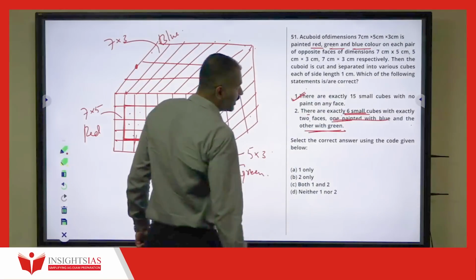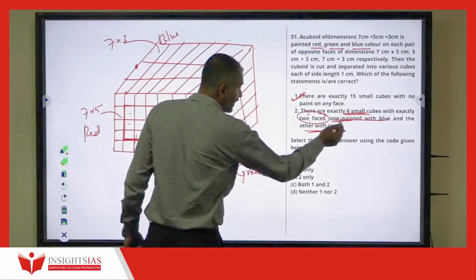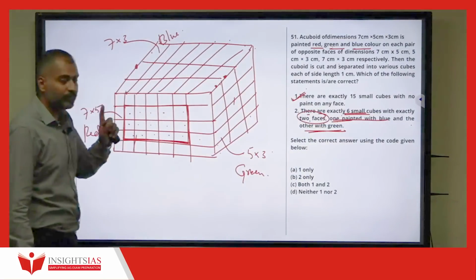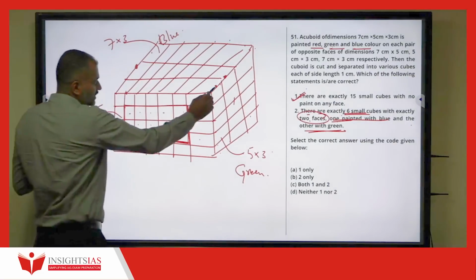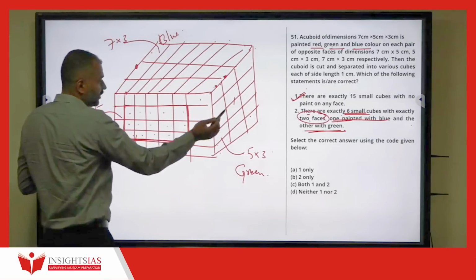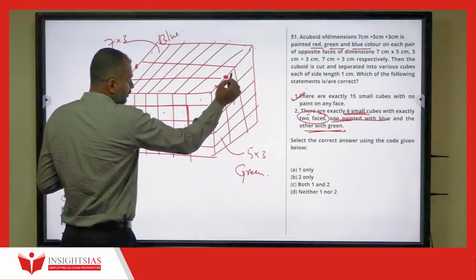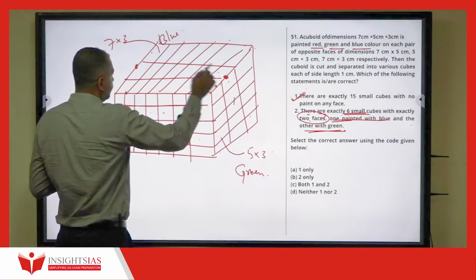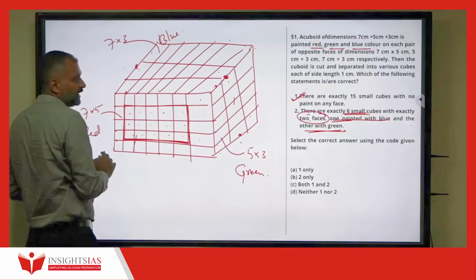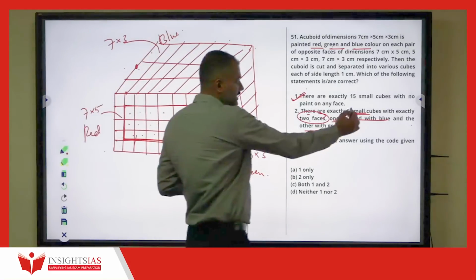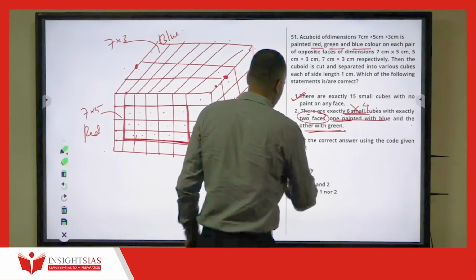Exactly 2 faces means none of the other faces has to be colored. If I take this one, this face is colored red, hence I cannot take it. This I can take because this is red and this is blue. Similarly here, red, blue, and here also. So totally 4 you'll get, you won't get 6, hence this is wrong. So 1 only.